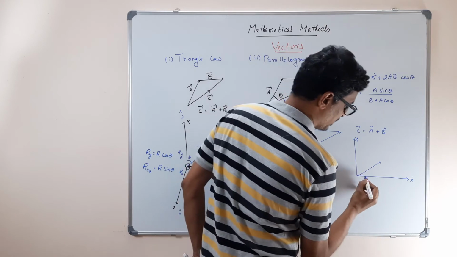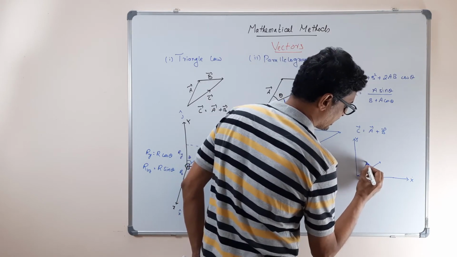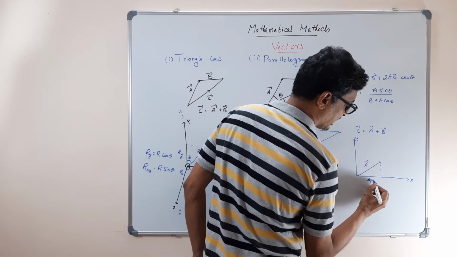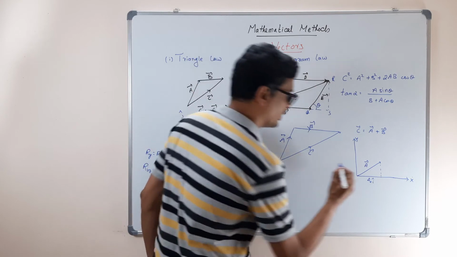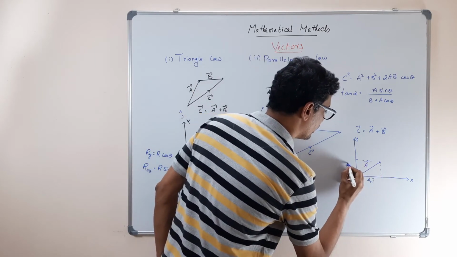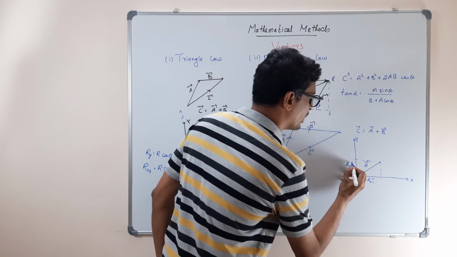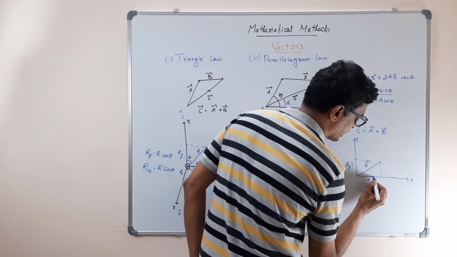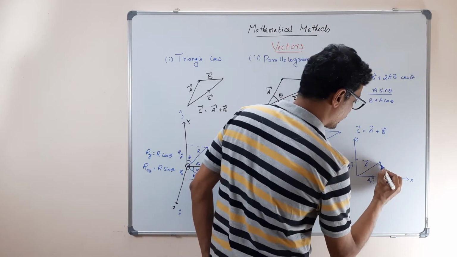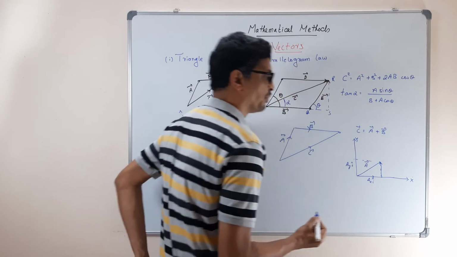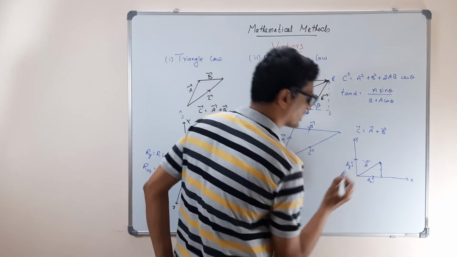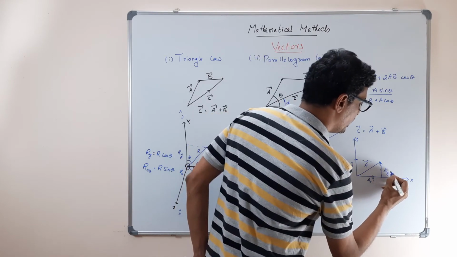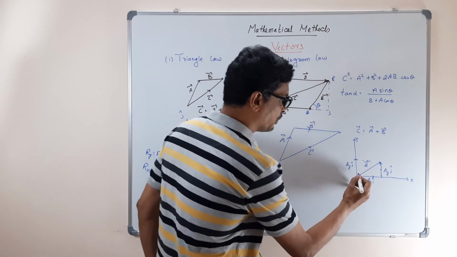So this will be Ax i cap, and this will be Ay j cap. If I draw a vector here, this vector direction will be like this. This will be the same equal vector, Ay j cap. Now try to use the triangle law.